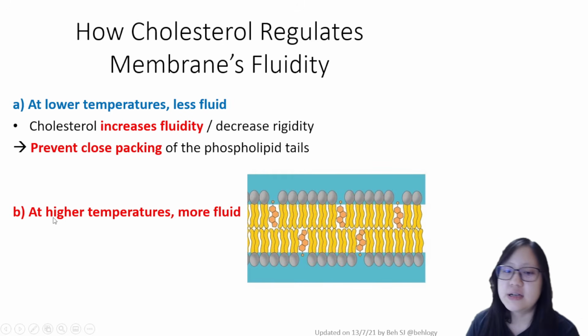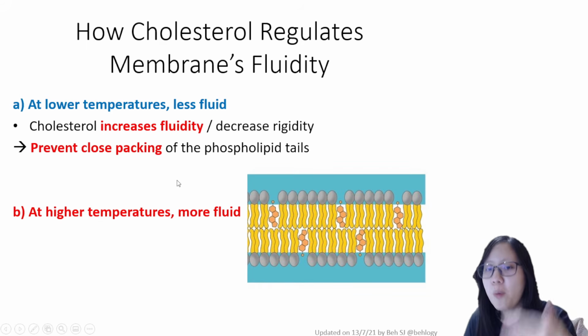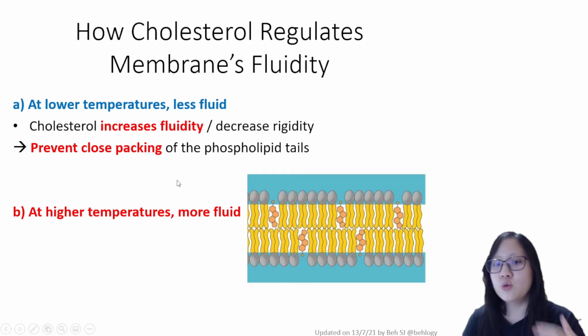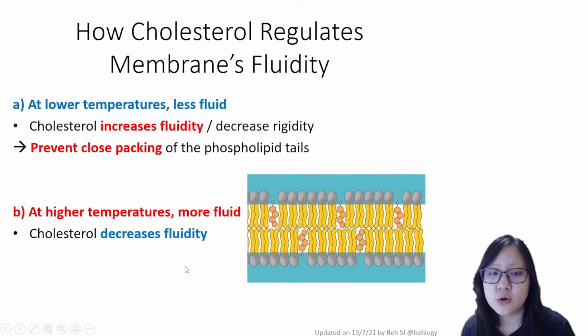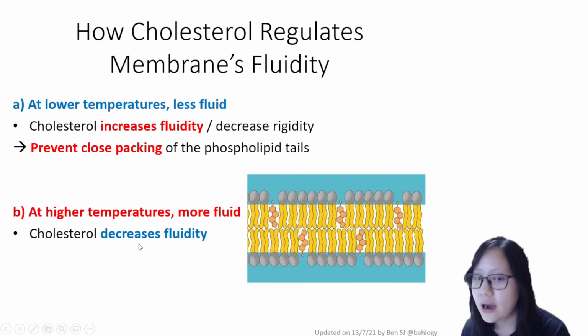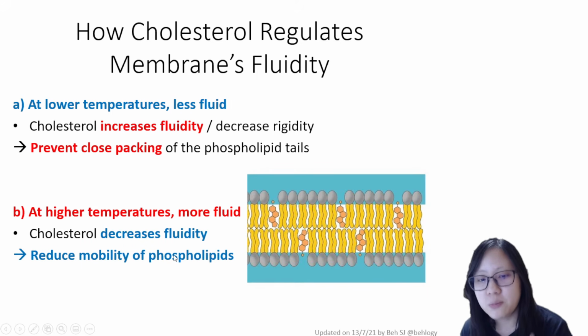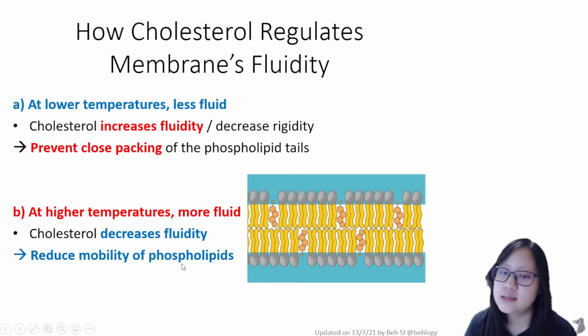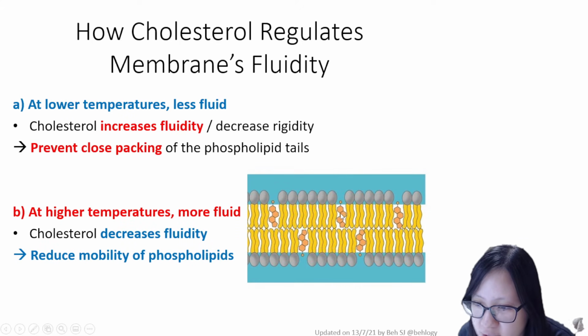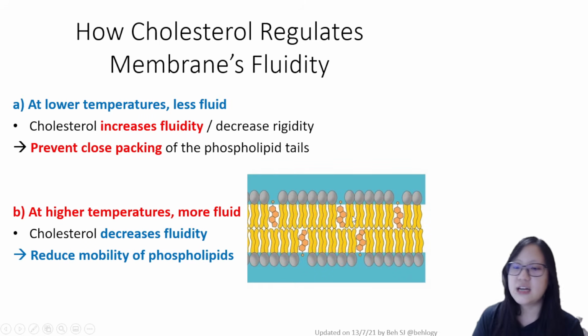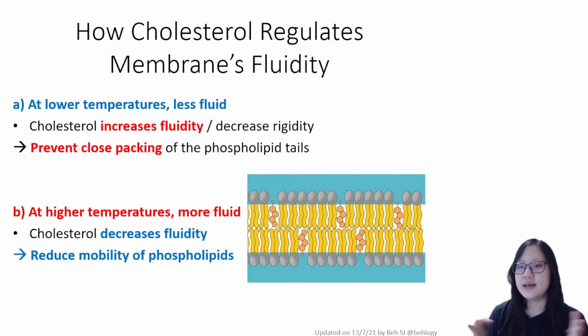How about if there is high temperature? High temperatures, higher kinetic energy, more fluid. So it's too fluid, you want to decrease the fluidity. So cholesterol does that, but how? Cholesterol decreases fluidity by reducing the mobility of phospholipids. Because it's between those phospholipids, the phospholipids have a restricted space to move.